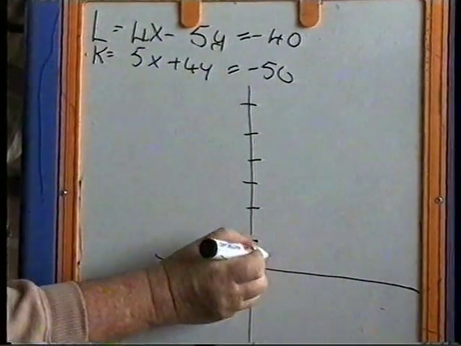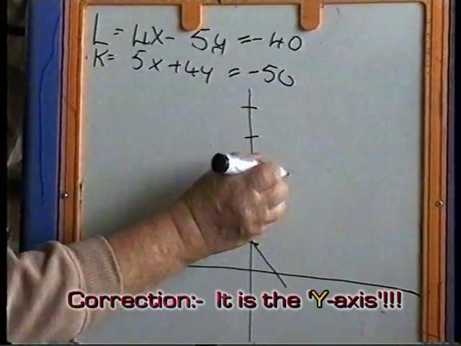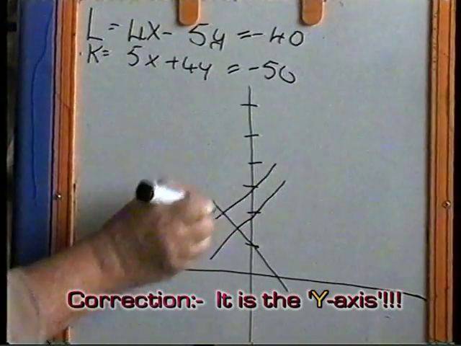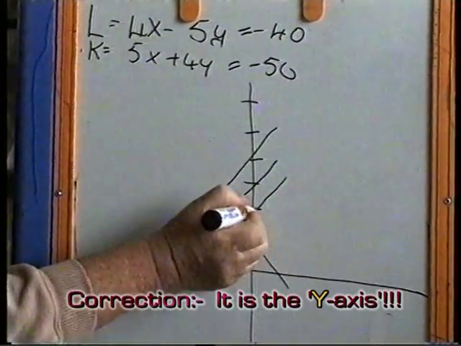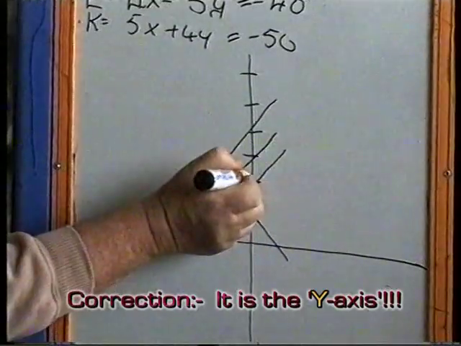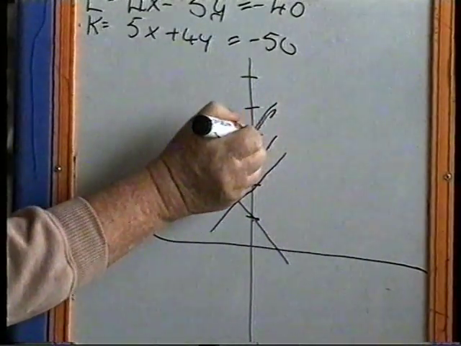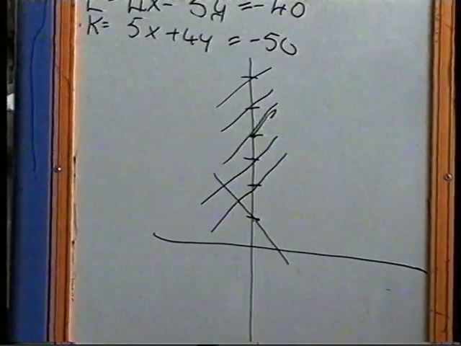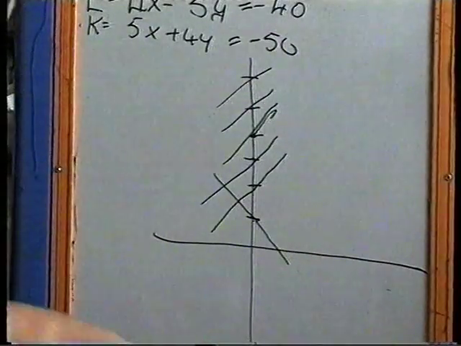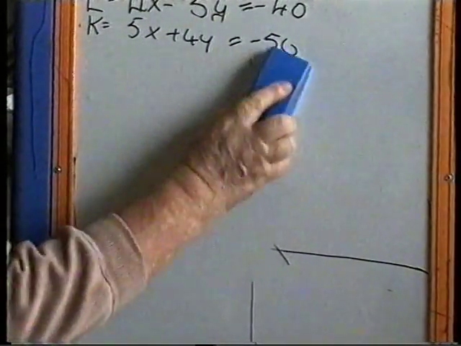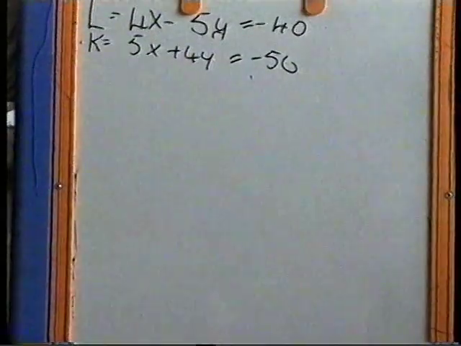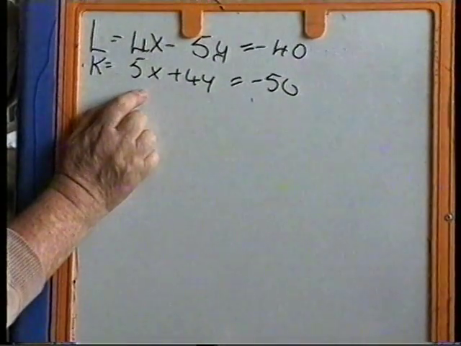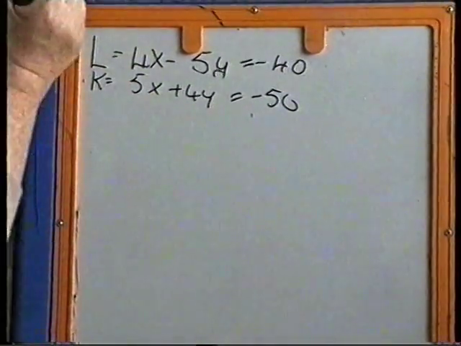Now if the line crosses at any point on the x-axis, that's 1, 0, 2, 0, 3, 0, 4, 0, 5, 0, 6, 0. If it's passing through the y-axis, then x is 0. So to find out when K passes the y-axis, x will be 0.